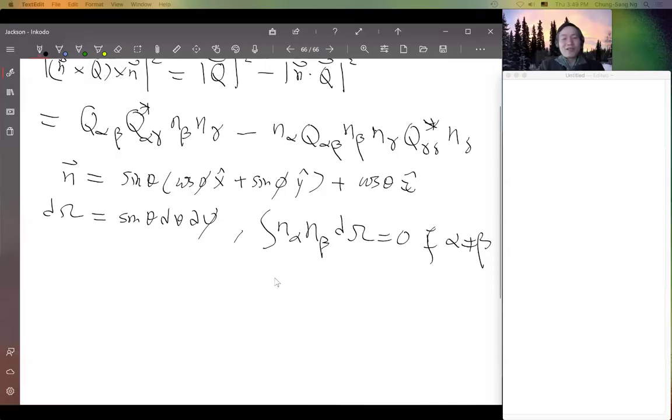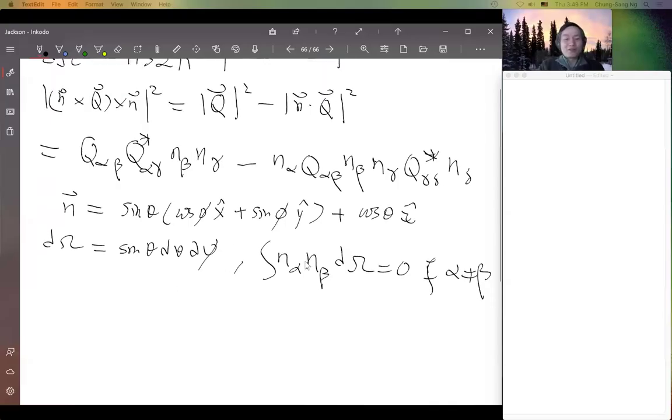Okay, so once we have that, at least for the quadratic term, it simplifies a lot, because now you can just consider 3 possibilities. Let me just write n3 squared. The integrand just becomes cosine squared, right? Now it's just integrating cosine squared d omega. For the phi term, you get 2 pi from this one.